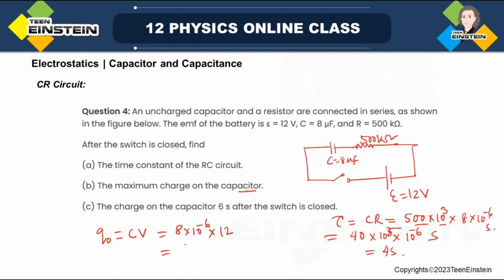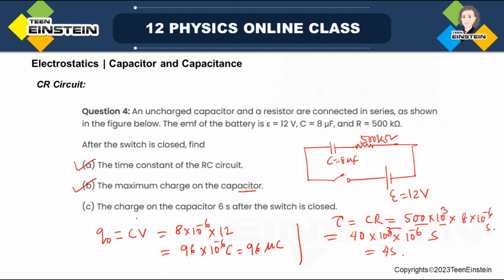So it will be 96 into 10 to the power minus 6 coulomb. This will actually be 96 microcoulomb. So these two parts are over.